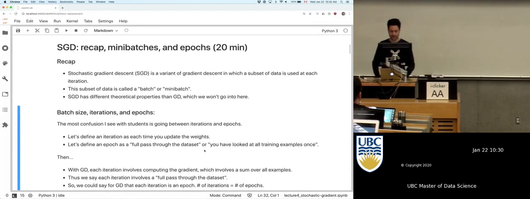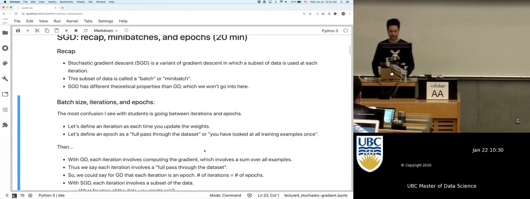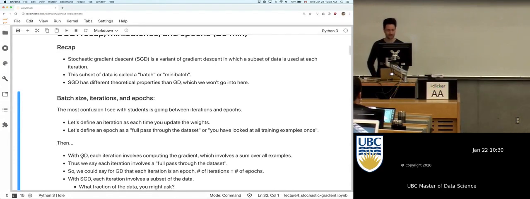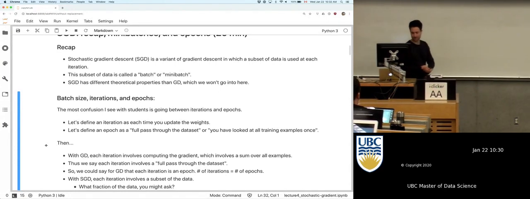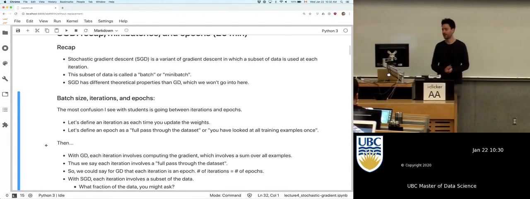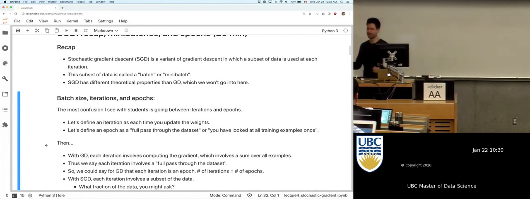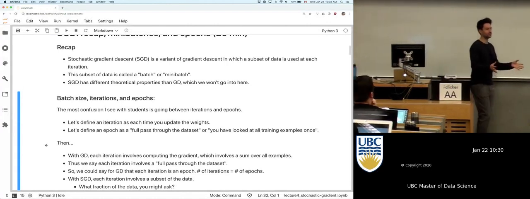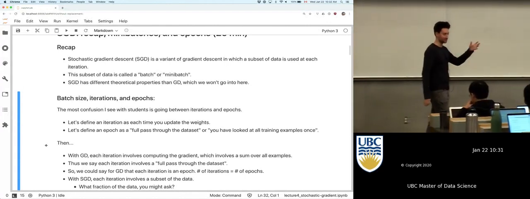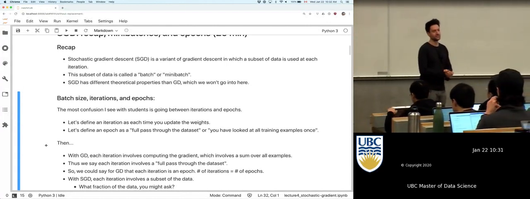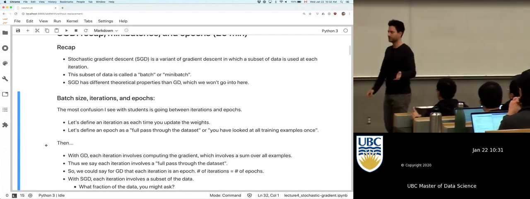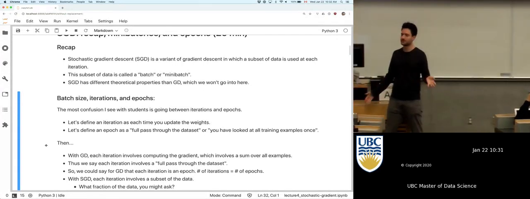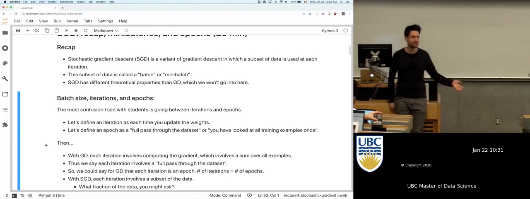Okay, so then how do we compare gradient descent, GD, with stochastic gradient? In gradient descent, each iteration involves computing the gradient, which in this context we'll sometimes call the full gradient to contrast it with what's happening in the stochastic gradient. So at each iteration we'll compute the full gradient, which, if you recall, is going to have a sum over training examples. And that's not just for linear regression, it's for pretty much any problem.